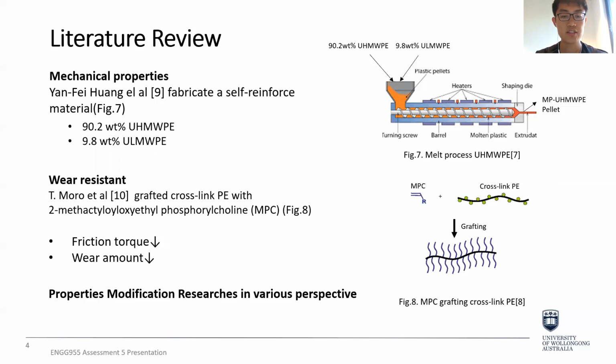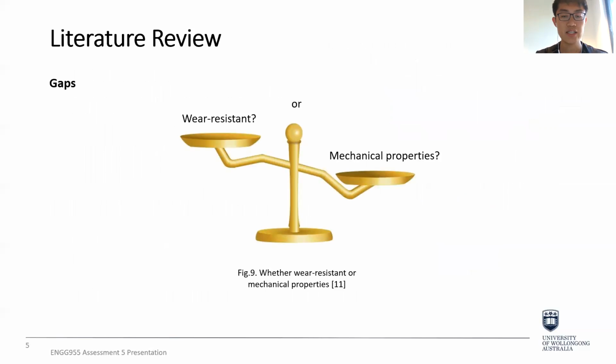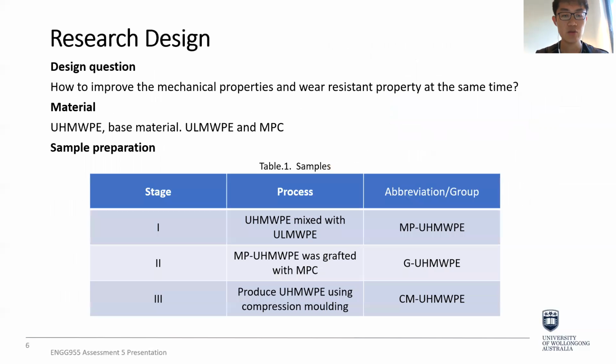Although these studies have many excellent findings, there are still many gaps. The most significant one is that the improvement of one property can cause the decrease of another property. In this way, my design question is how to improve the mechanical property and wear-resistant property at the same time.